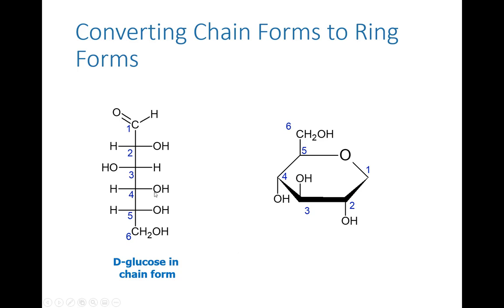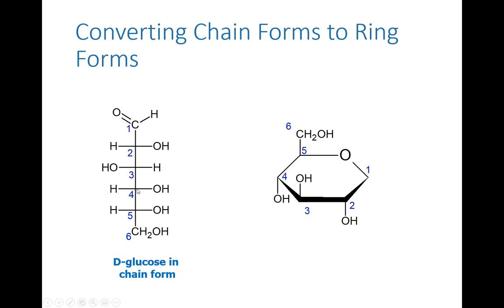So let's take a look at how that works. So we haven't dealt with carbon number 1 yet. We've already said 5 and 6 are fine, so we're going to leave them alone. So carbon number 2, if the hydroxyl points to the right, then it should point down on the ring, and that's what we have there. Carbon number 3, this hydroxyl is pointing to the left, so we point it up.